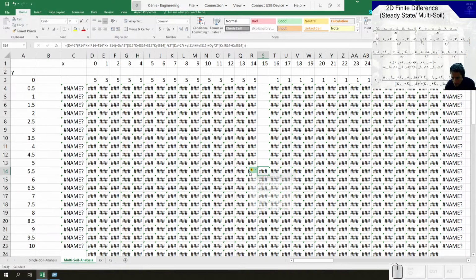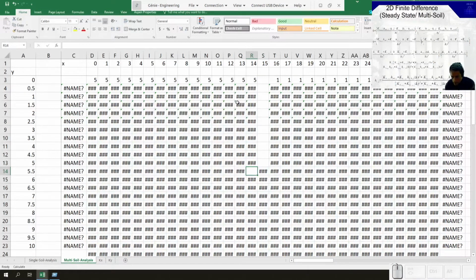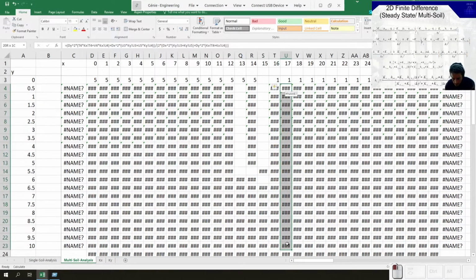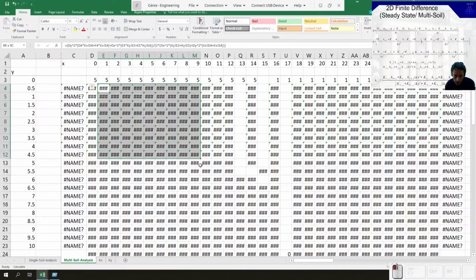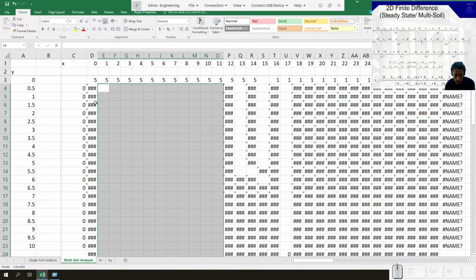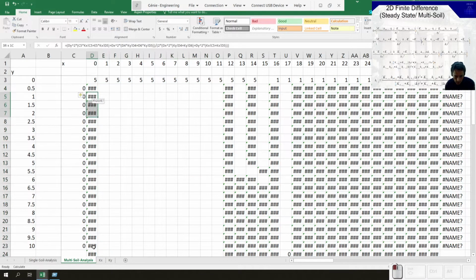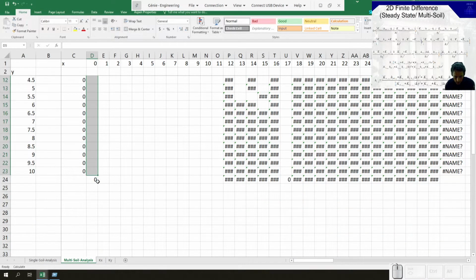Let's remove the neighbors. Okay. So we have a problem when something doesn't compute.